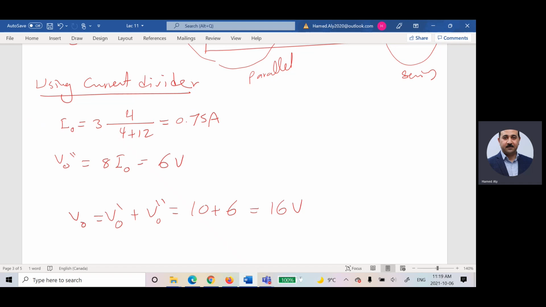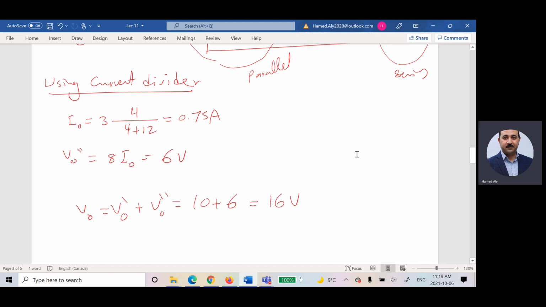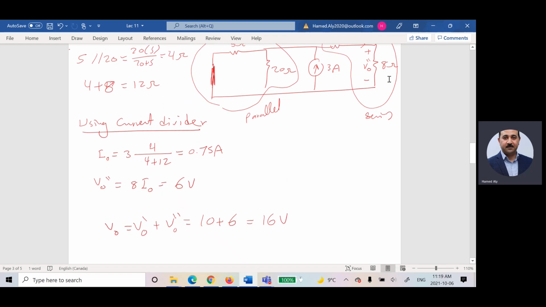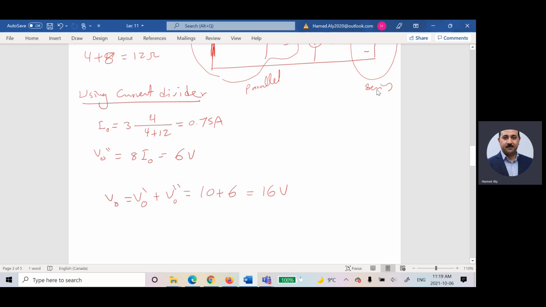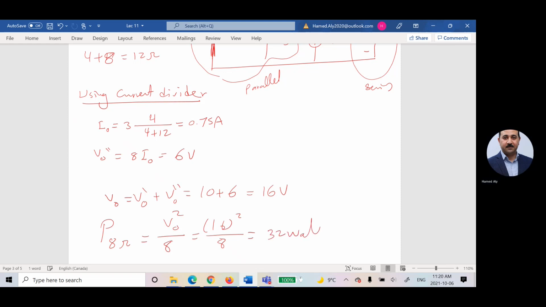Now, if I asked you to calculate the power in 8 ohms, the power in 8 ohms is equal to VO squared divided by 8, which is 16 squared divided by 8. So this power should be equal to 32 watts.